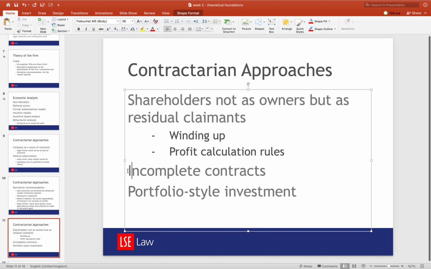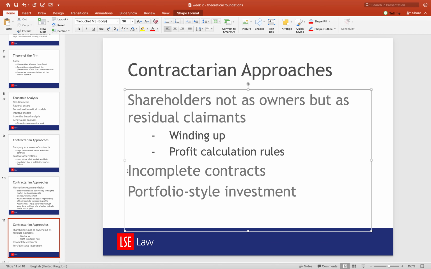Then there's the idea of incomplete contracts, also in some ways going back to codes, where organizing activity through a company, because we're organizing future activity, we cannot foresee all eventualities, so we create hierarchical structures where decision making is allocated between participants to accommodate the uncertainty of the future.